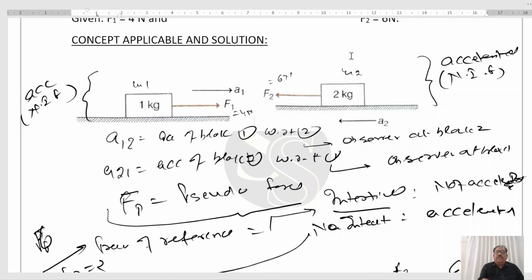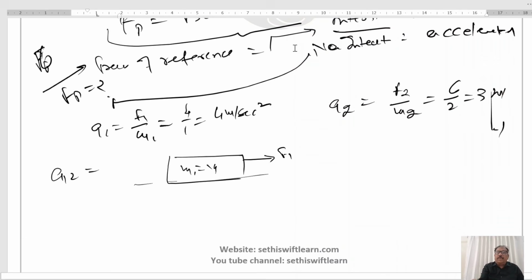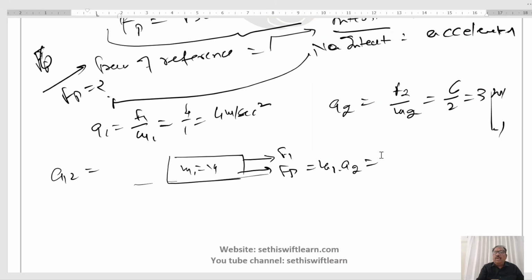So pseudo force will act on this M1 in the direction opposite to that. This FP will be equal to M1 into A2, 1 kg into 3, that is 3 Newton.